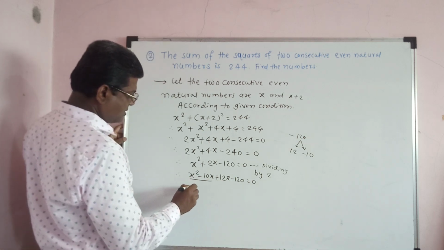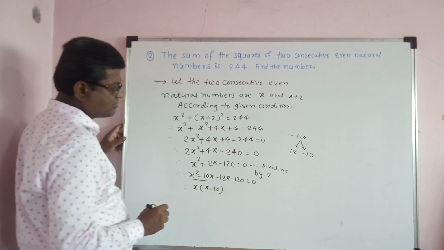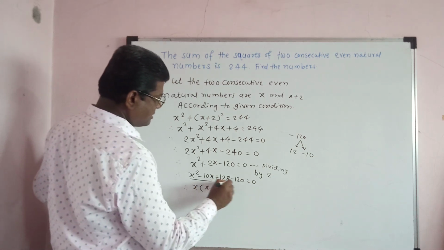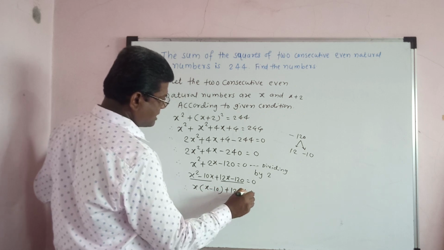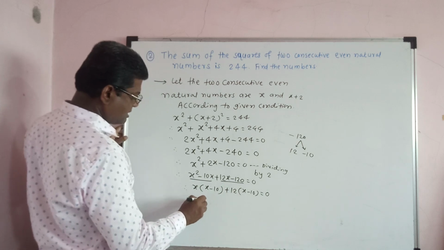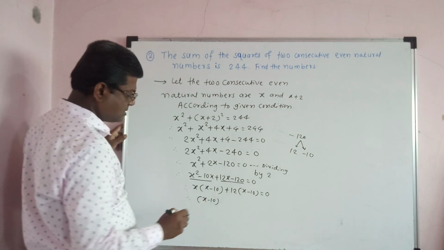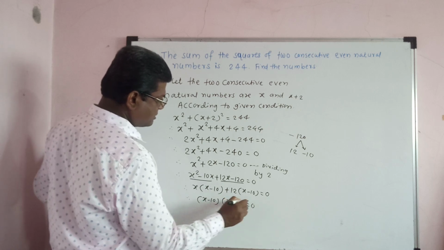Take x common from these two terms. In bracket it will be x minus 10. Take 12 common, so in bracket x minus 10. Therefore, x minus 10 bracket will be common, and in another bracket x plus 12 is equal to 0.